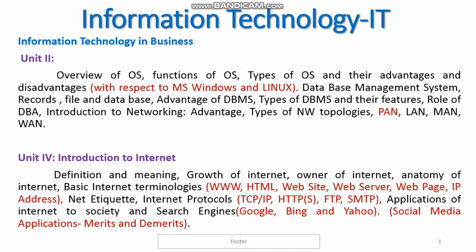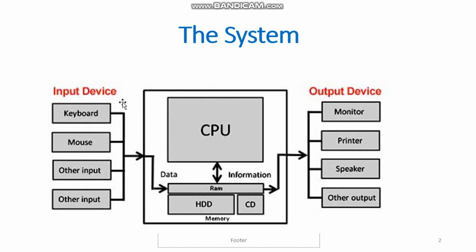Alright, so this is a general diagram. I'm sure in your school days this must be a general diagram that many of us have drawn many times. So a computer system, or anything that has computer technology inbuilt, will have a basic structure like this.